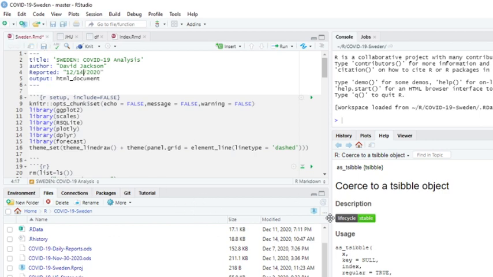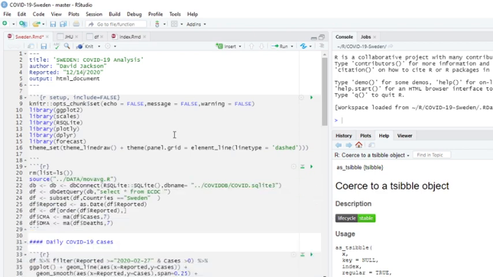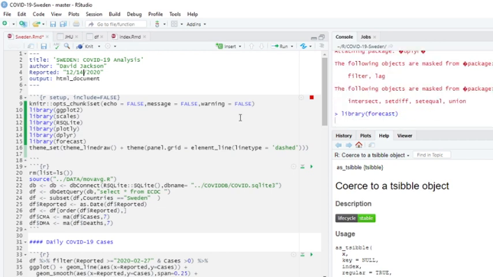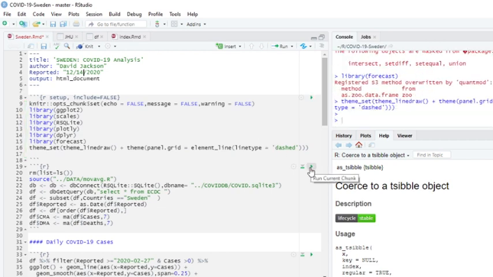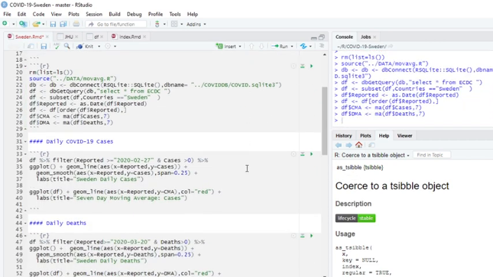Okay. So let's take a look at Sweden. This calculates a 7-day moving average. So we're going to say here, since this is cases, right? We're going to do a plot from February 27th onward, where cases are greater than zero.